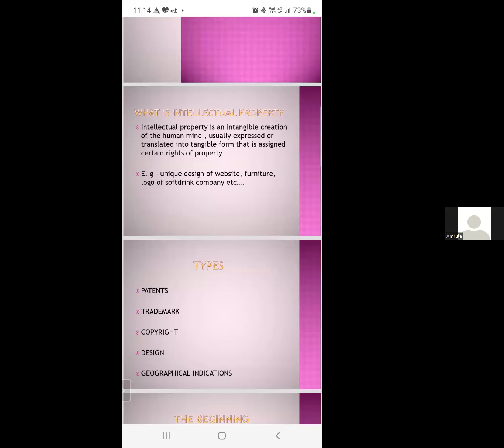Similarly, when we say intellectual property rights, we have similar rights to our intellectual property as with movable and immovable property. We can use it peacefully, reuse it, reproduce it, and get benefit from it.